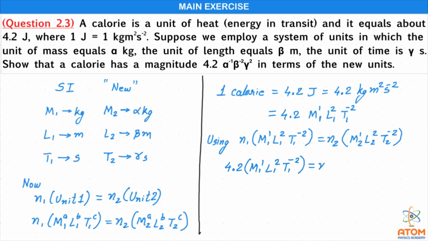N2 is the numeric value which we want to find out, and for M2, as I discussed, I should write alpha of M1, and the power of M2 was 1, so I have to put here 1. Then at the place of L2 I can put beta L1 and the power is 2, so here 2. At the place of T2 I can put gamma T1 and raised to minus 2.